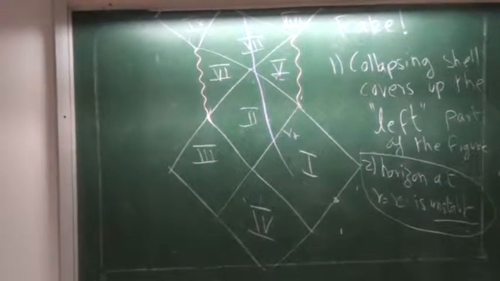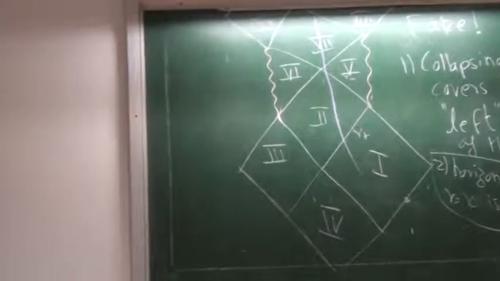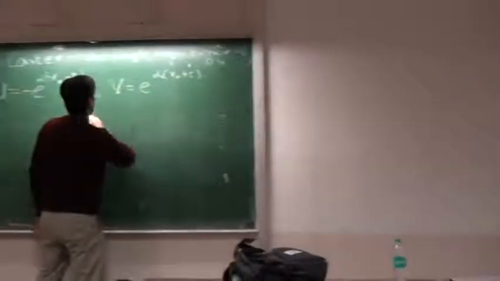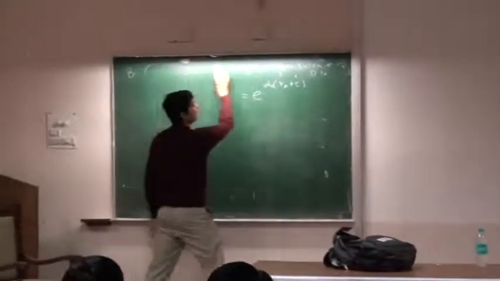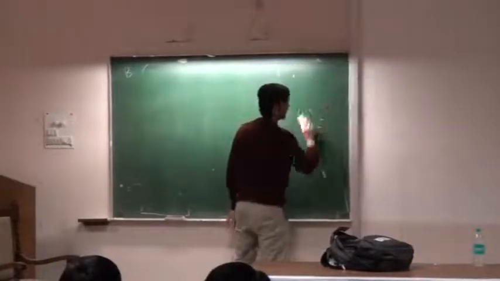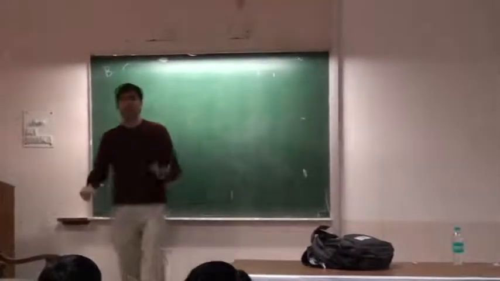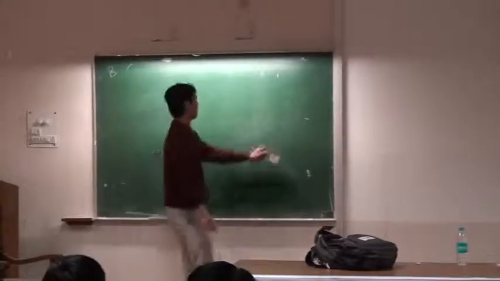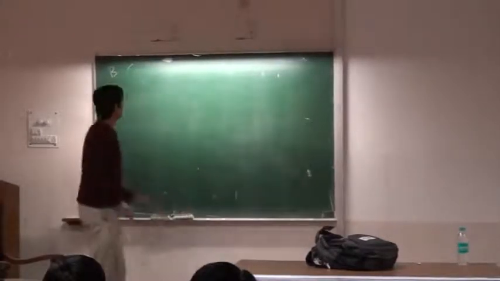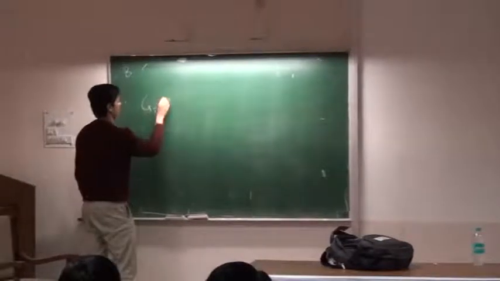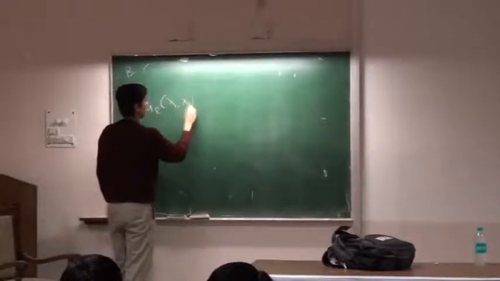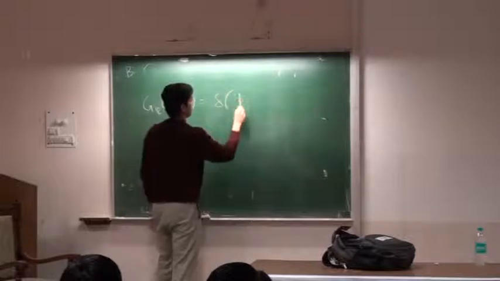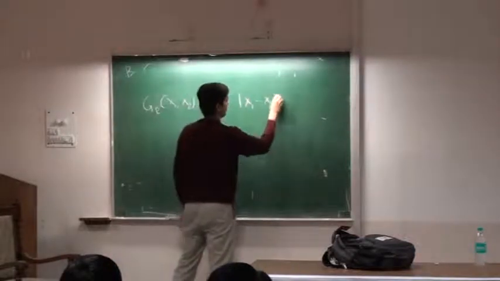So the retarded Green's function in position space, what does it look like if you just take electrodynamics? How do the fields propagate? How do massless fields propagate? No. It's much simpler than that. You see, the retarded Green's function has a form. No, it's even simpler than that. It's mod of x1 minus x2 squared.